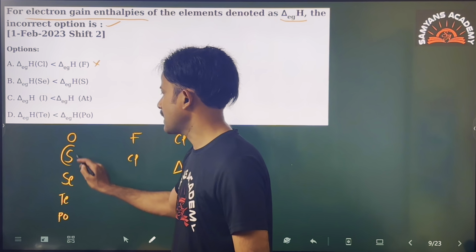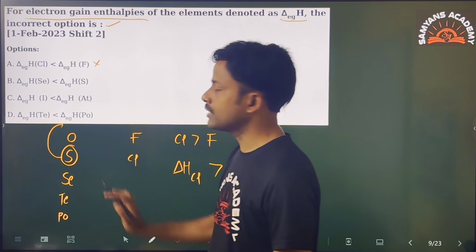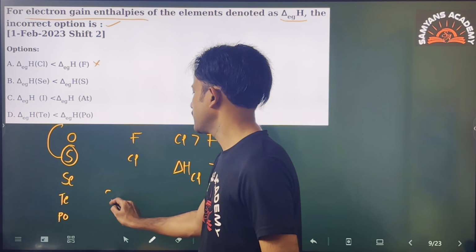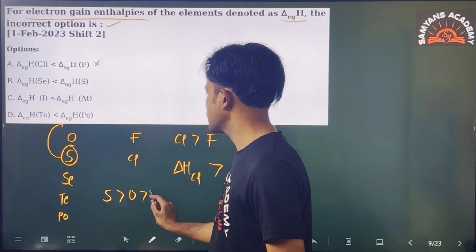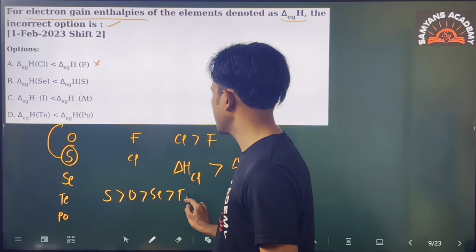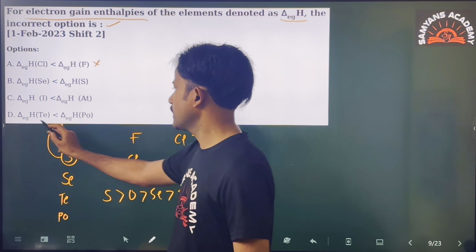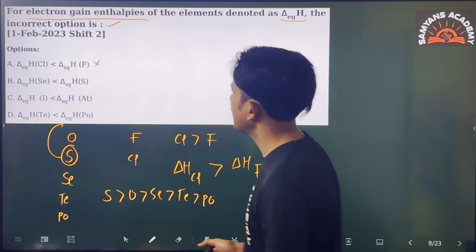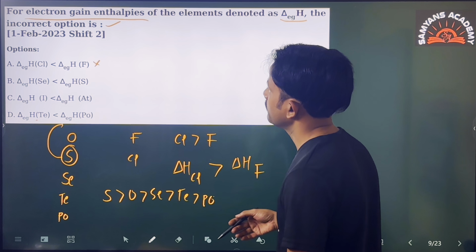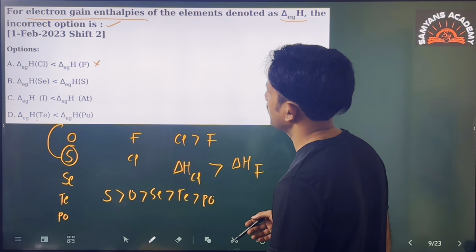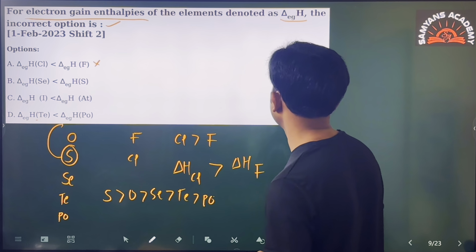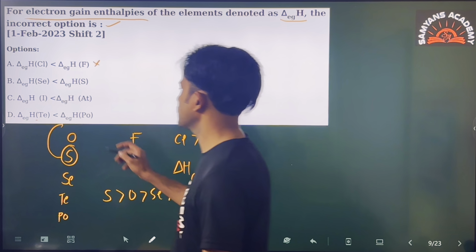In this, sulfur has more electron affinity compared to all other elements, right? Sulfur electron affinity is more than oxygen. Next selenium will come, next tellurium, next polonium. But tellurium has more electron affinity than polonium. I think for electron gain enthalpy I have to select the correct option only, not the incorrect. And this is also not correct.